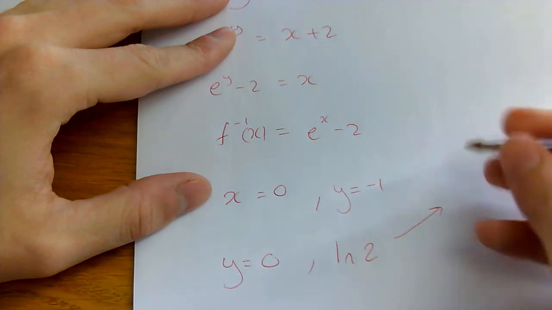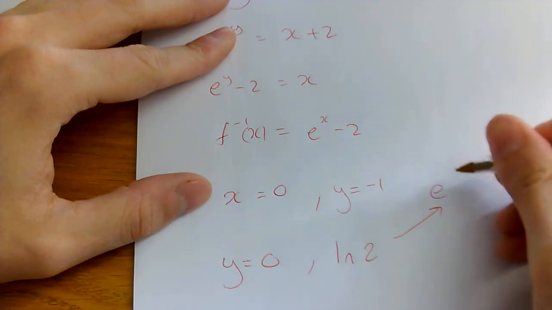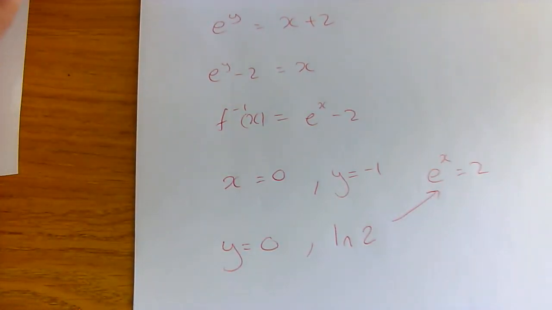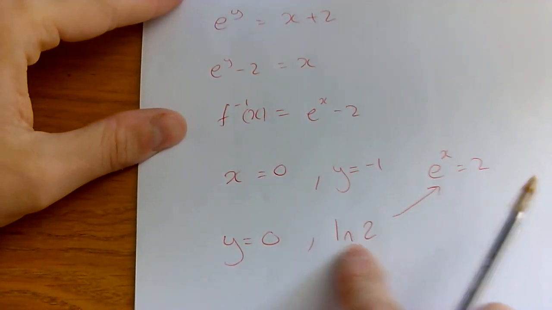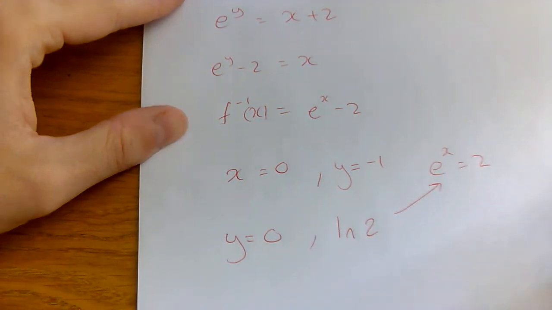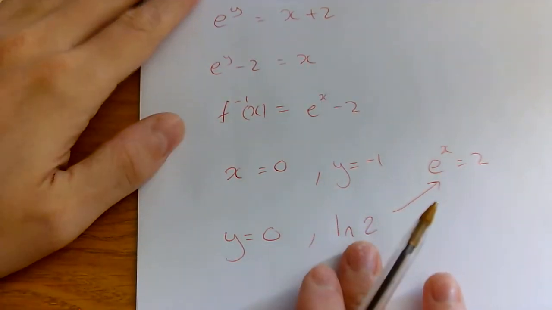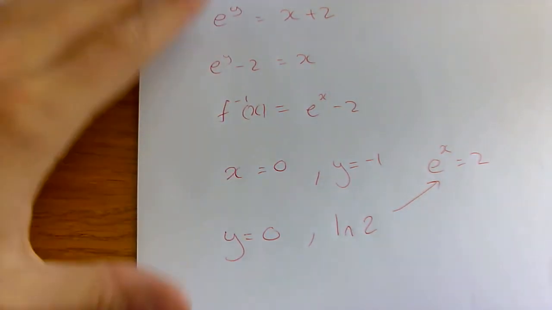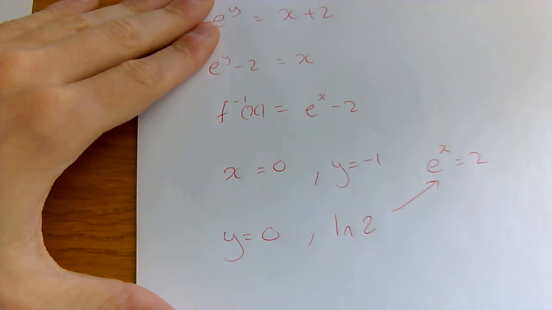I'll just maybe highlight this here. Now you can go on the GDC and type this in. In fact, you can type this in on the GDC, on the solver, and it will give you the decimal answer. I highly recommend keeping it this way though, because you've then got an exact value that you might be able to work with later and not round it. So let's keep it like this.